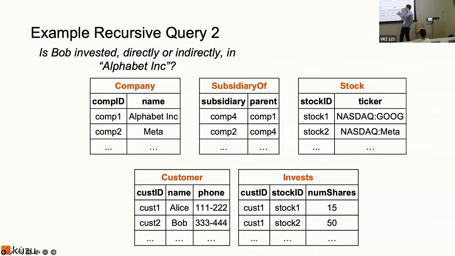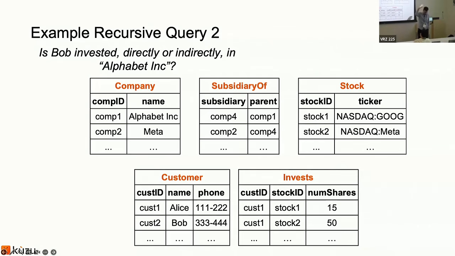Bob is over here, the stocks he invests in are over here, and the companies of those stocks are in this relationship. Actually, I think there's an issues relationship that I missed. The issues relationship connects you to the company, and the subsidiary-of relationship tells you this indirectness.